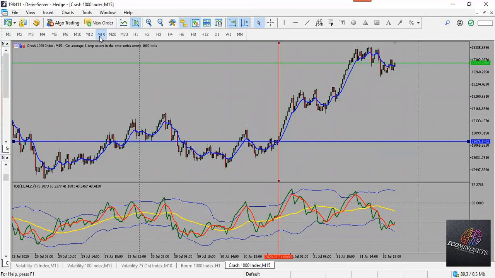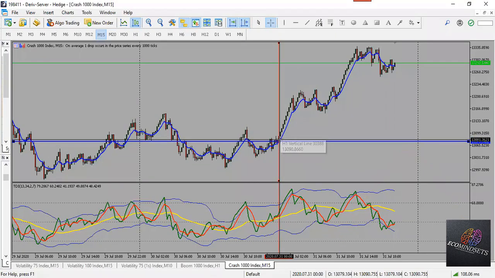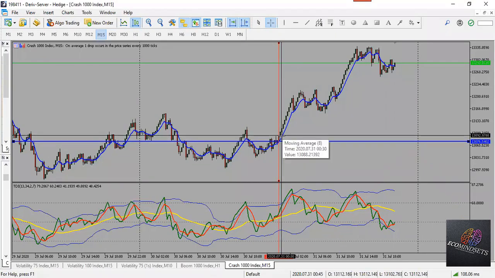The same principle. My candlestick should close above EMA8. Once my candlestick closes above EMA8, I enter the market on the next candlestick. So here, this particular candlestick closed above EMA8, so I'll enter on this particular one.